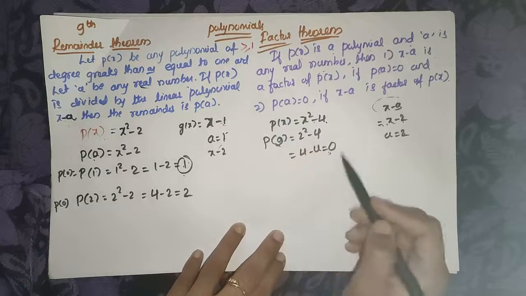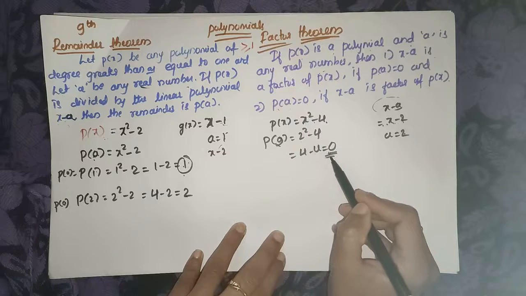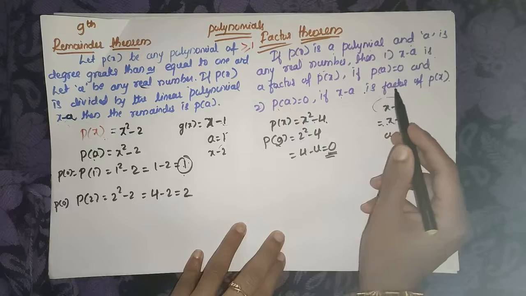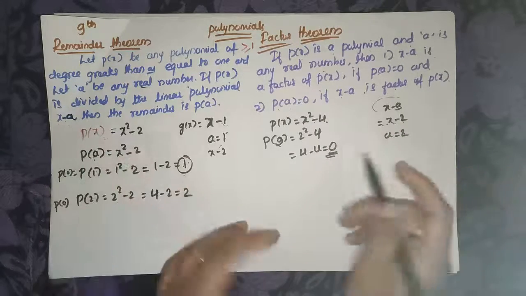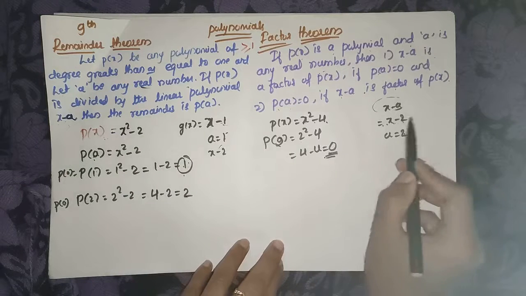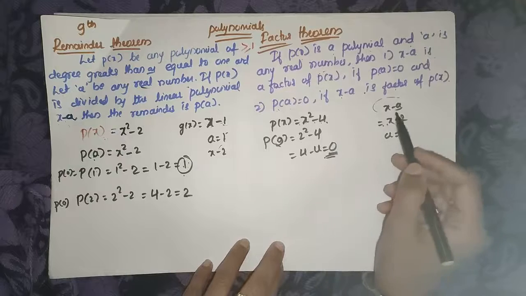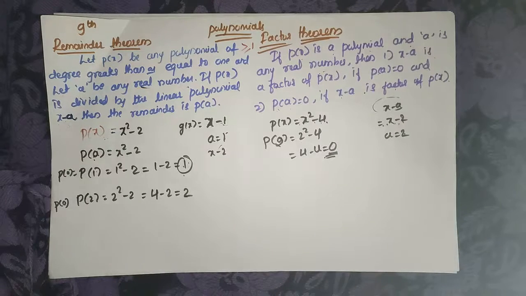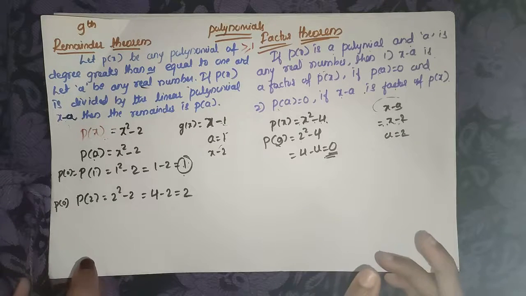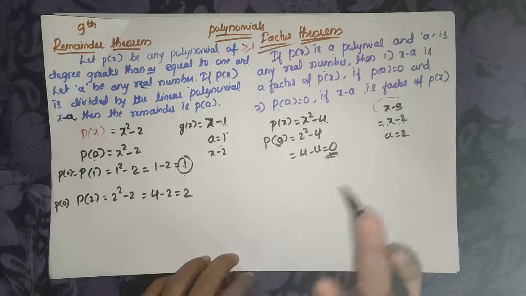When p of a is 0, x minus a is a factor of p of x. This is the factor theorem and the remainder theorem. Both are similar, so we can understand them easily. Let us come to the fourth exercise of polynomials.